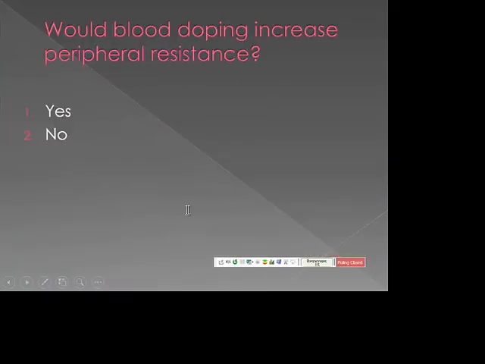So let's look at some questions here. Do you think blood doping, we did blood doping when we did blood, would increase peripheral resistance?